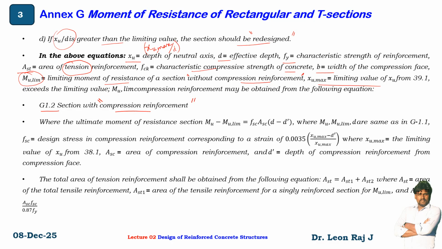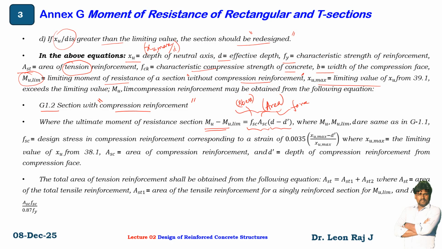Here the ultimate moment of resistance Mu minus Mu limit equals fsc Asc into (d minus d dash). Asc is the area, fsc is the stress, and stress times area is nothing but force, and d minus d dash is the lever arm.